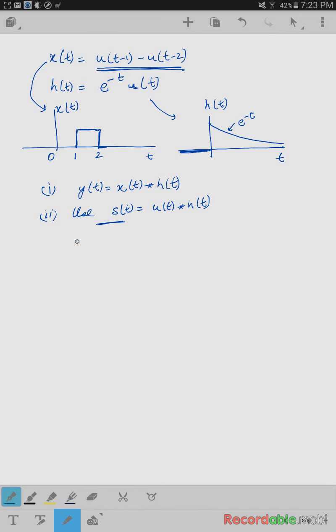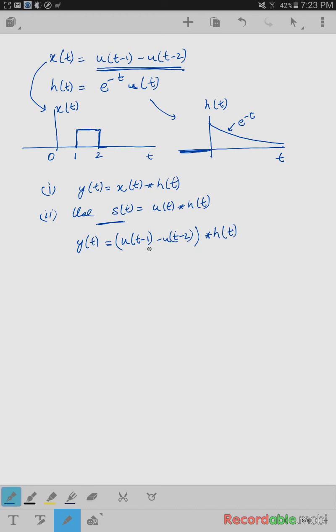So I can write y(t) as u(t minus 1) minus u(t minus 2), which is just x(t), convolved with h(t).